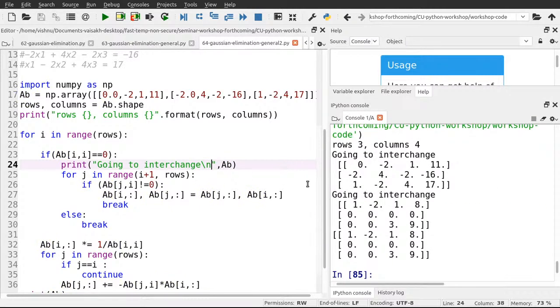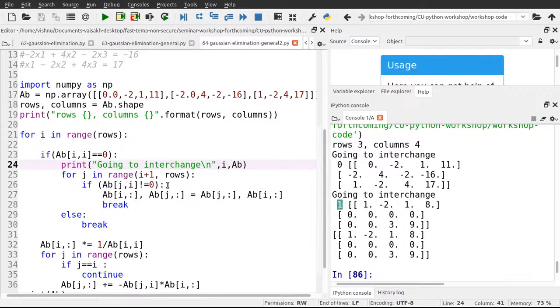So when is it going to interchange? 1 minus 2, 1, 8, 0, 0, 0, 0, 0, 0, 3, 9. So what's happening after that? At this stage, what is the value of I? I value is 1, which means that it's the second row.